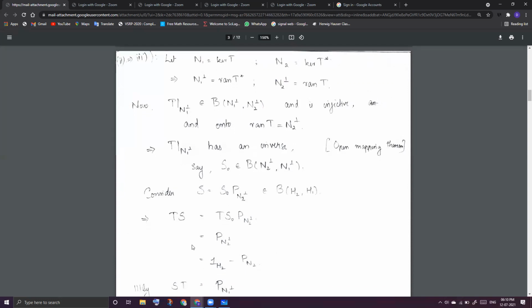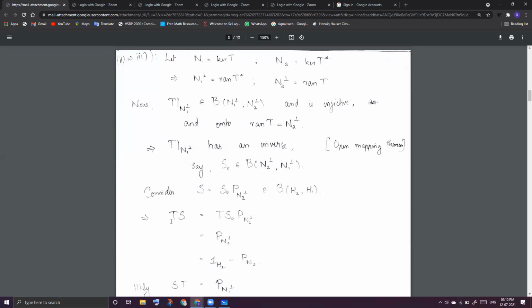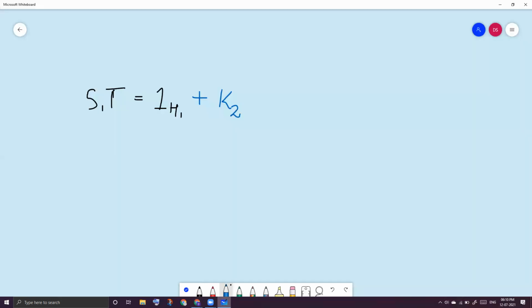So we have to prove that T composed with S is a finite rank projection. TS is equal to T S0 composed with P N2 perp.